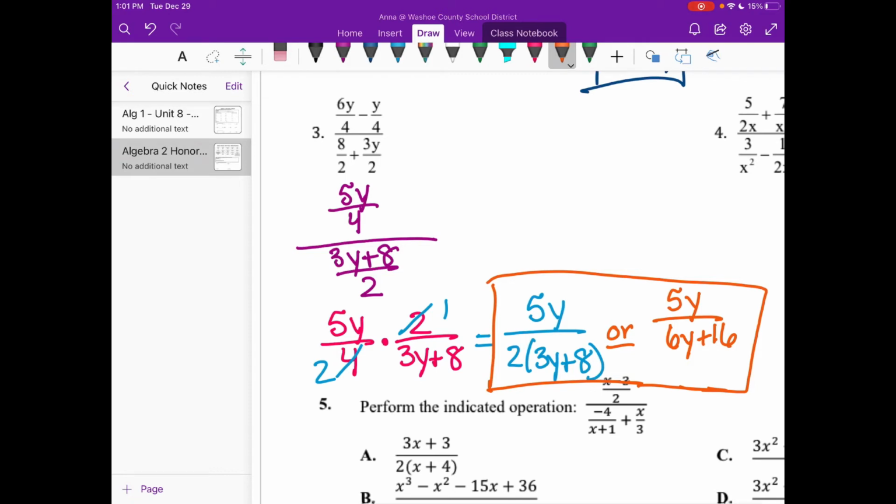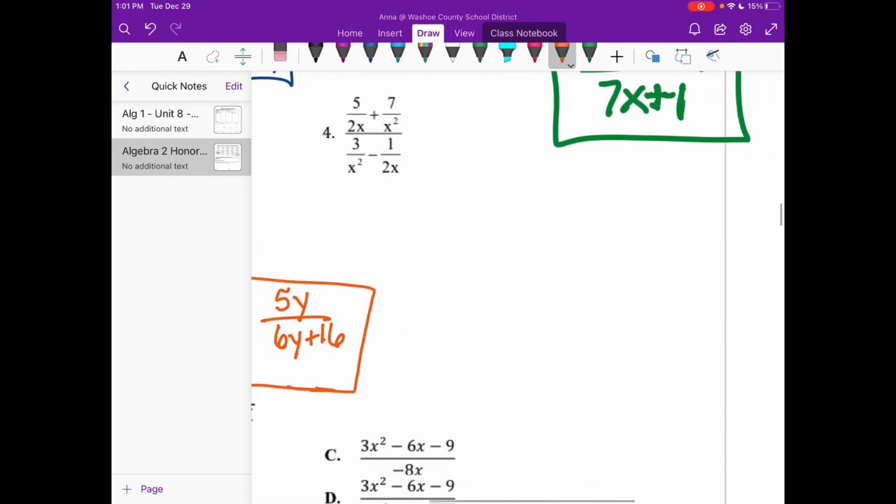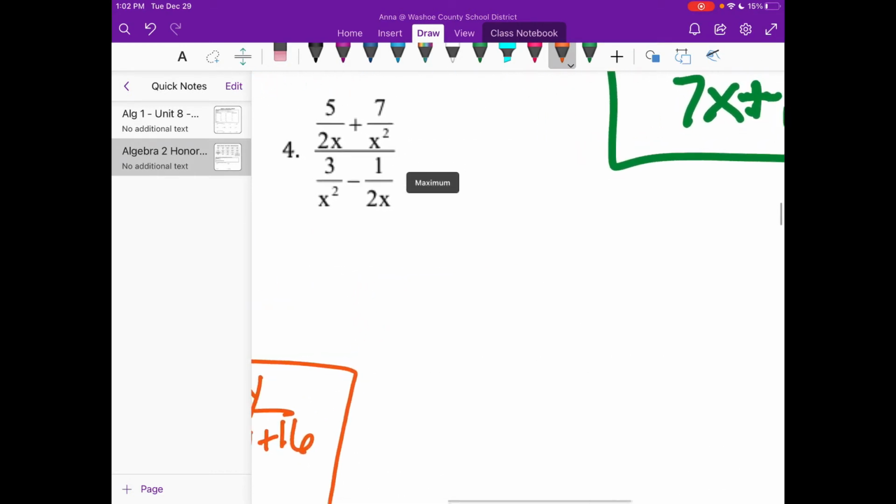Now the answer in blue, the 5y over 2 times 3y plus 8, is an answer I would accept. If your teacher wants you to distribute, you would have 5y over 6y plus 16. Again, do not cancel out those y's because the y's on the bottom are closed with addition, so you can't.